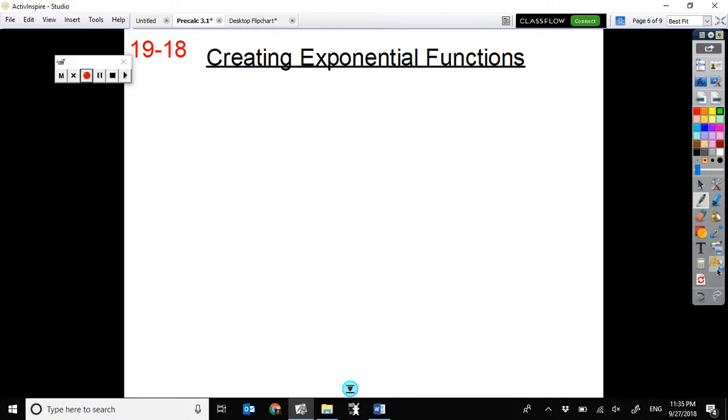Let's say we have x values -2, -1, 0, 1, and 2, and some y values.